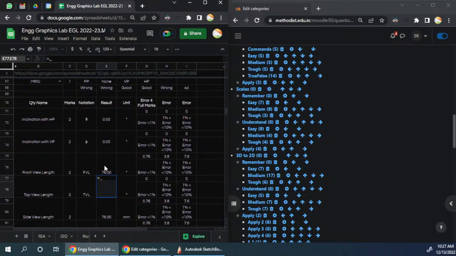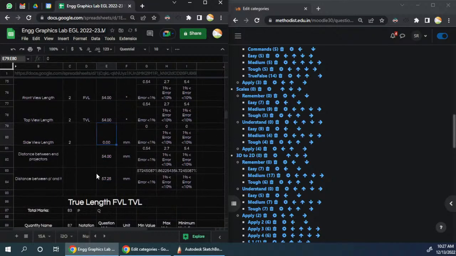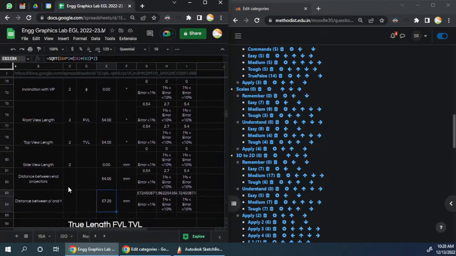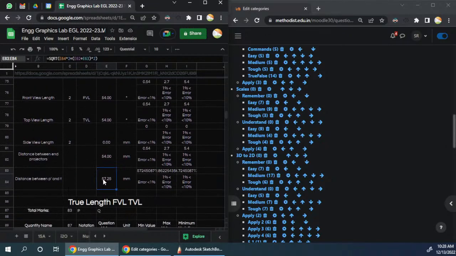Top view length is also going to measure the same. Side view length is going to be 0. And the projector distance is the square root of all those things. Okay, so it's set.